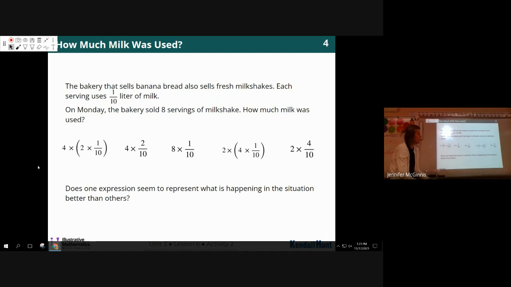On Monday, the bakery sold 8 servings of milkshake. How much milk was used? Does one of these, 1, 2, 3, 4, 5, does one expression seem to represent what is happening in the situation better than others?